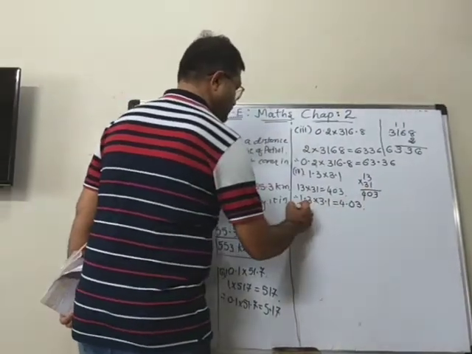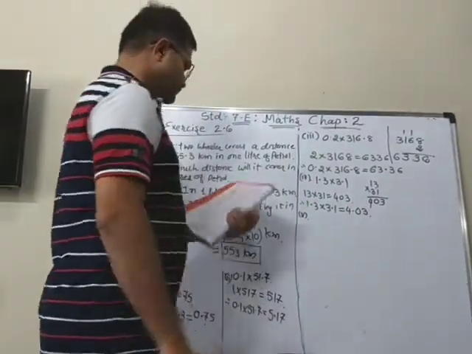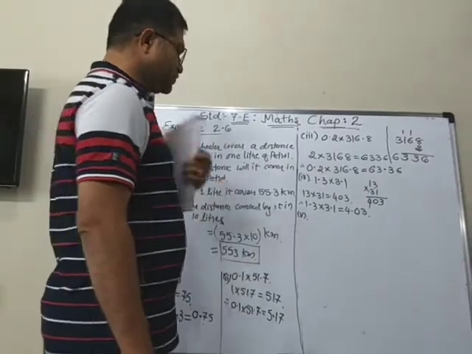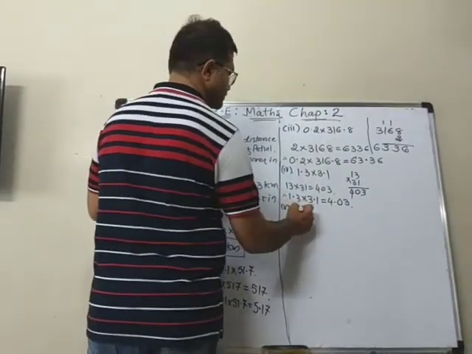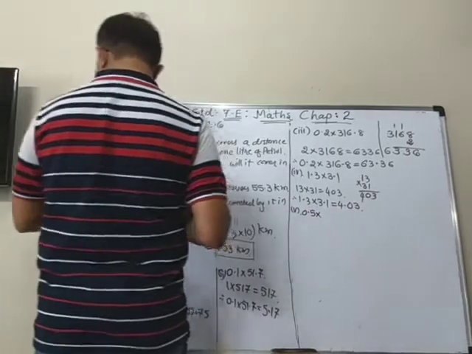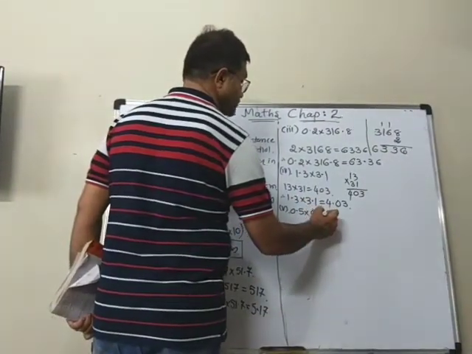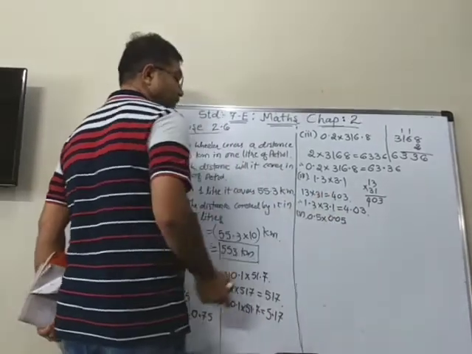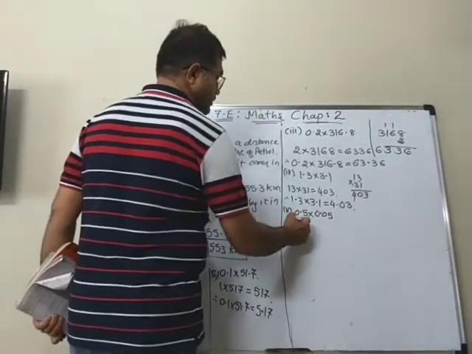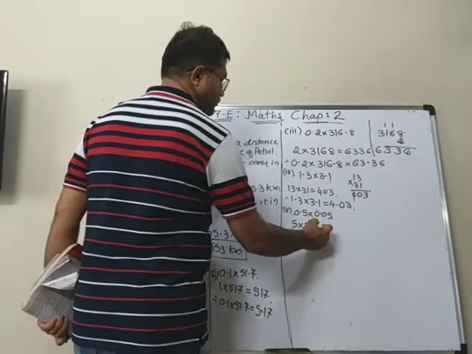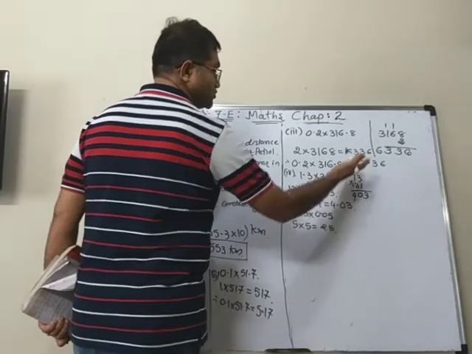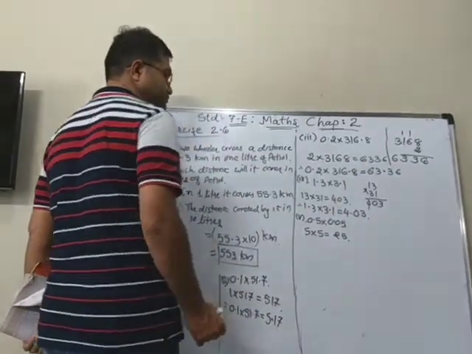Now the fifth one. Fifth one is 0.5 multiplied by 0.05. Very simple. Look here. If you ignore the decimals, all numbers are 5. 5 multiplied by 5 is 25. So we don't need to multiply like that.